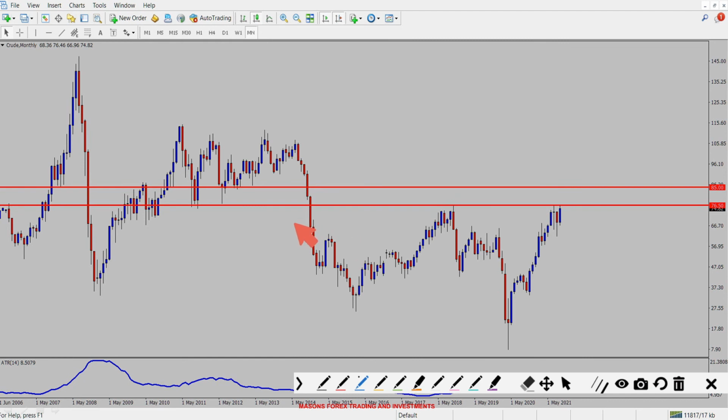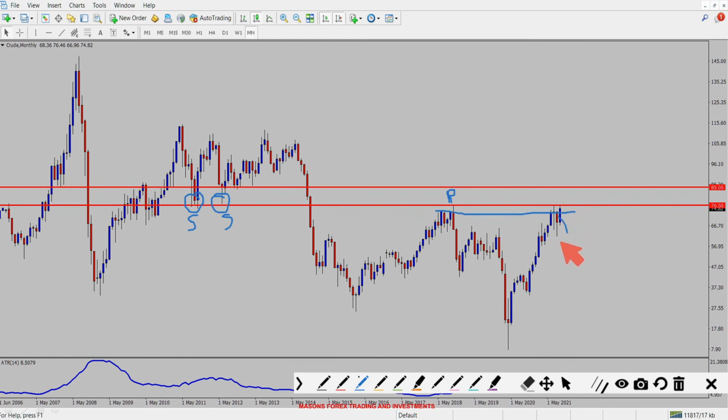Now if you look back in time, you'll see we also had a support level or two support levels. We've mentioned support becomes resistance, as we explained. Now what we need to be aware of is, if you draw a line here, you'll see this candle.